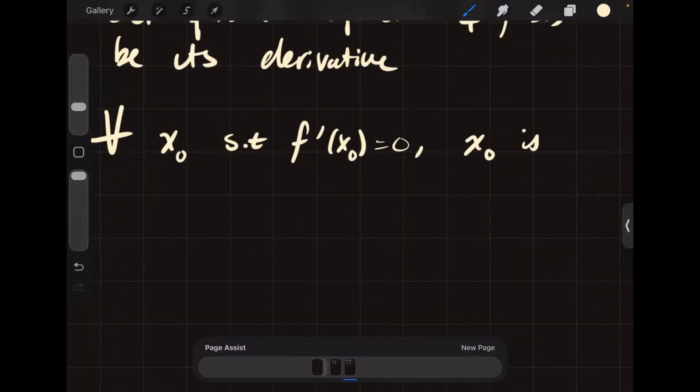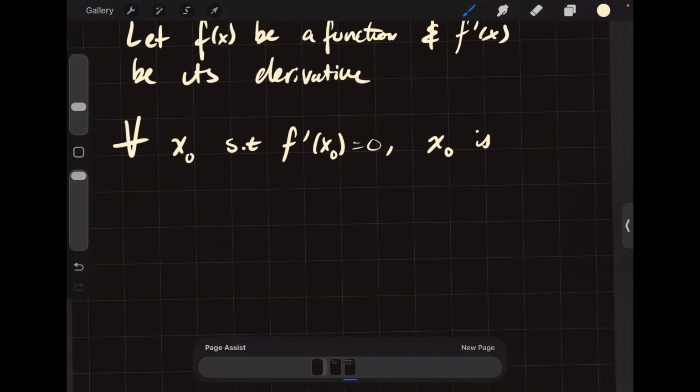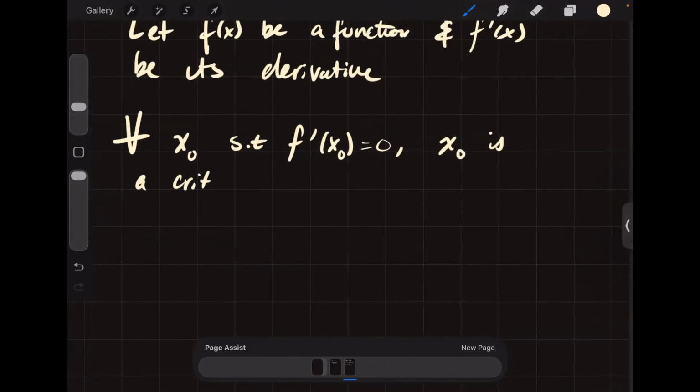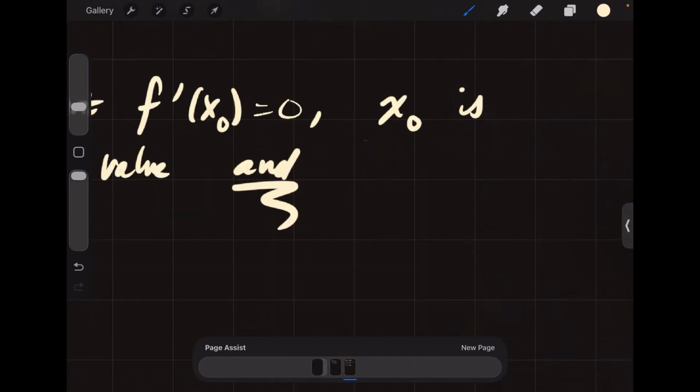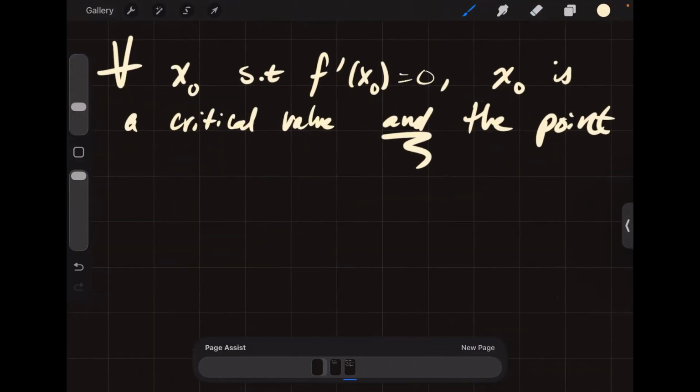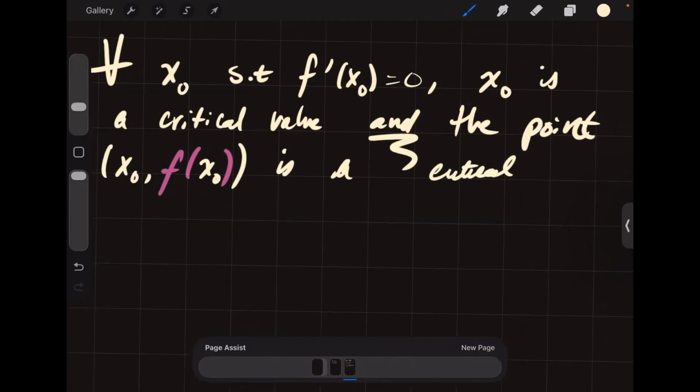x naught is a critical value and the point x naught comma f of x naught is a critical point.